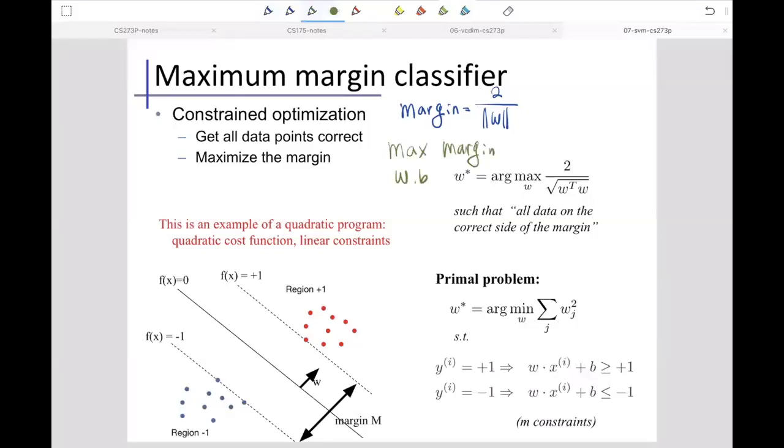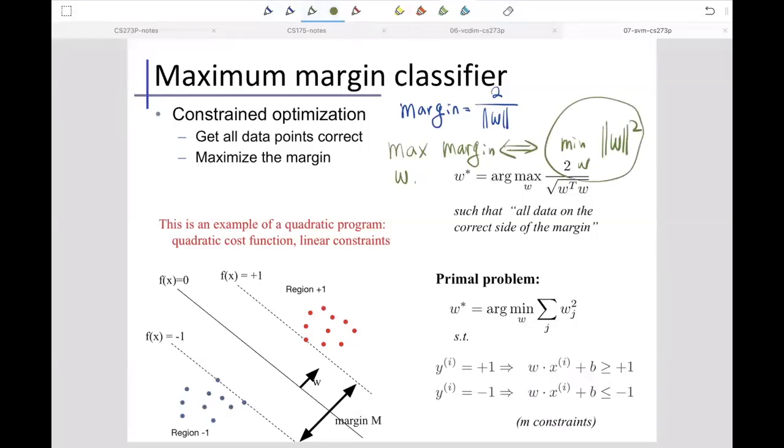That is equivalent to minimizing the norm of w squared. You can see that's the case because the margin is 2 over the norm of w, and maximizing the margin is equivalent to minimizing the square of the norm of w. That's the equivalent statement. If you understand that, then we are all set.